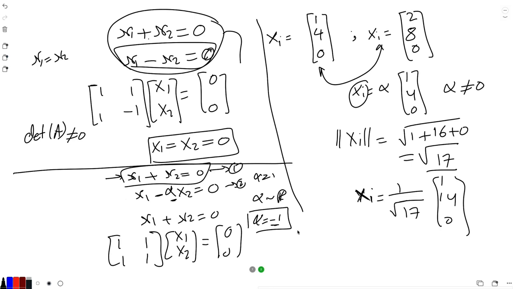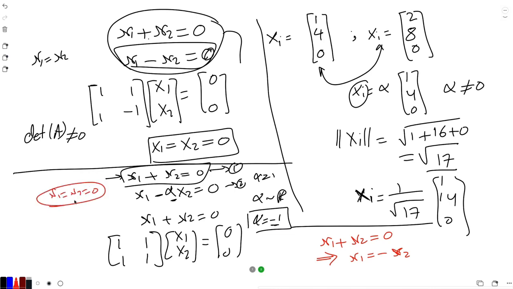In that case, I will have an interesting solution: x1 plus x2 equal to 0, and this means that x1 equals minus x2. Here I am no longer forced to use only the trivial solution that x1 equals x2 equals 0, because we can put just x1 equal to minus x2.